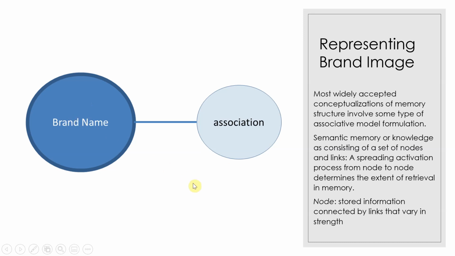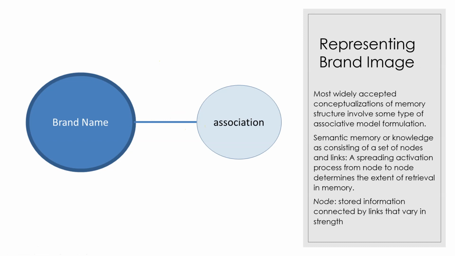So at the center of brand image, we have a brand name. And there are a lot of different nodes connected to the core node, which is the brand name. We call them associations, the child nodes, right? And some of the nodes are connected with links. So semantic memory of knowledge consists of a set of nodes and links.